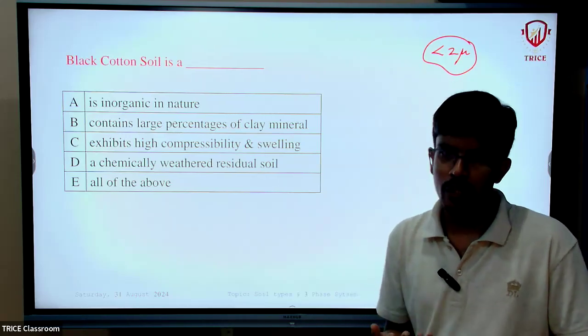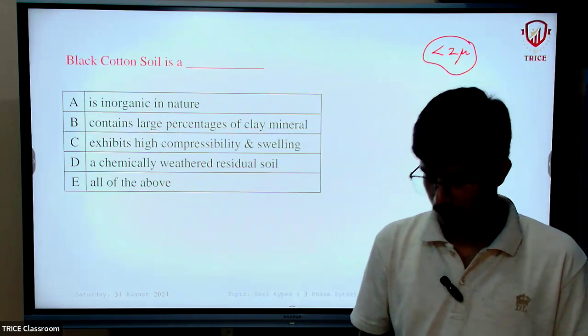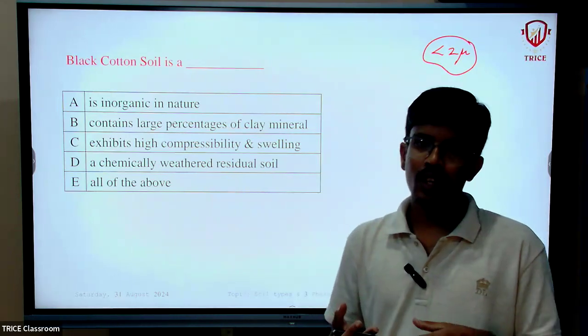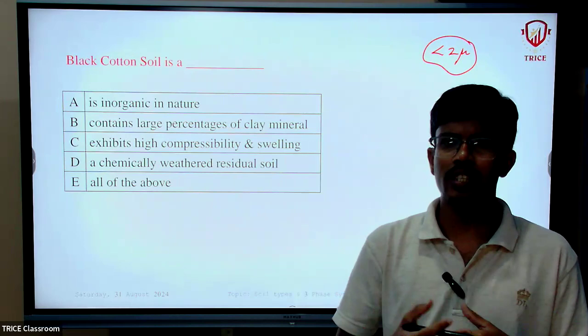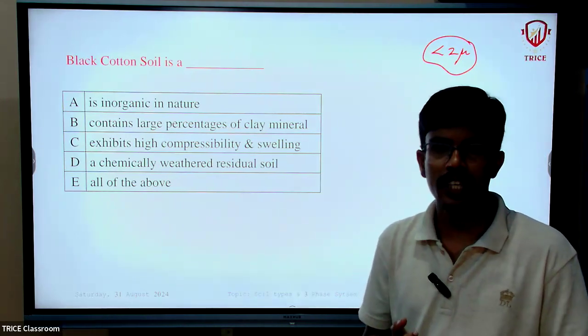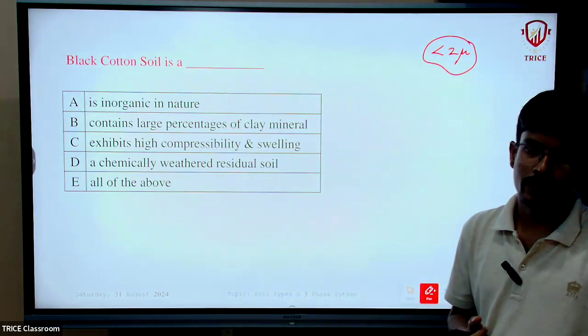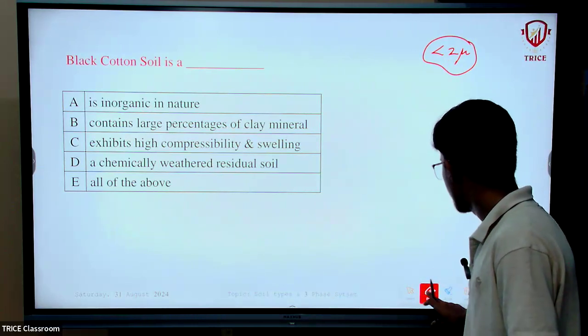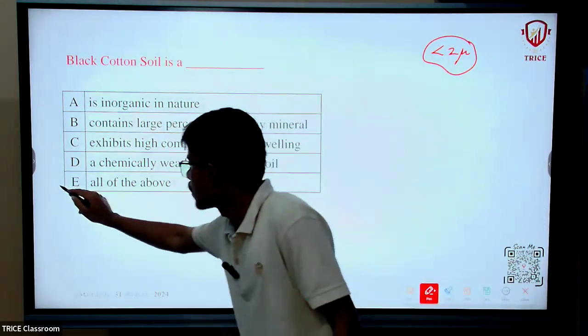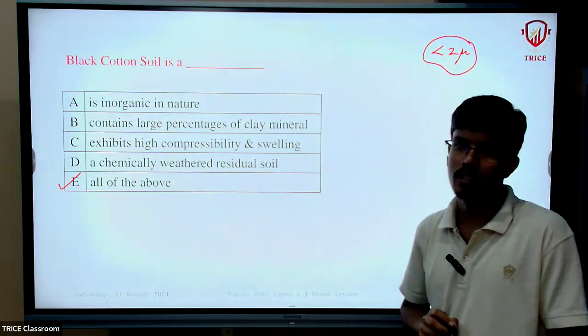In black cotton soil, you always expect swelling and shrinkage characteristics during the rainy as well as the summer seasons, right? Due to the presence of clay minerals. It is a chemically weathered soil. So we can say black cotton soil will be option E, right? All the conditions are satisfied in black cotton soils.